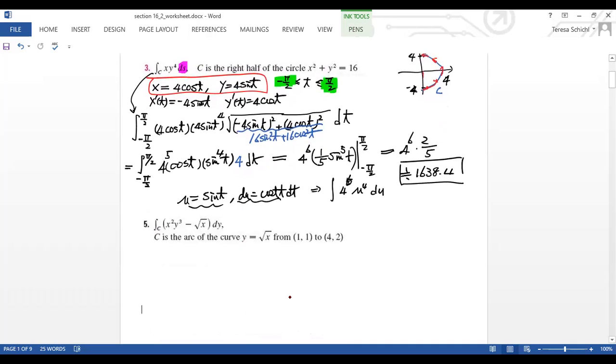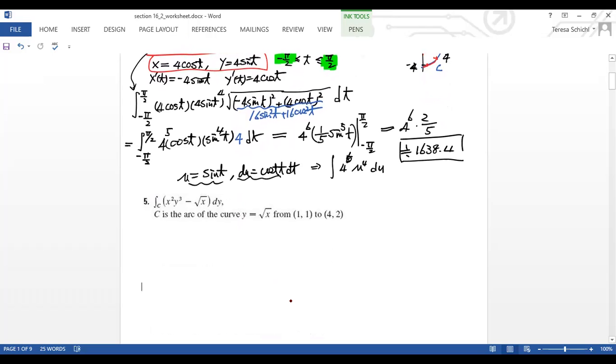Okay, so another one here. Try to do these integrations, and this curve here is the arc of the curve y equal to the square root of x here.